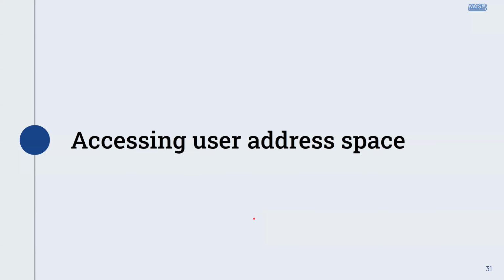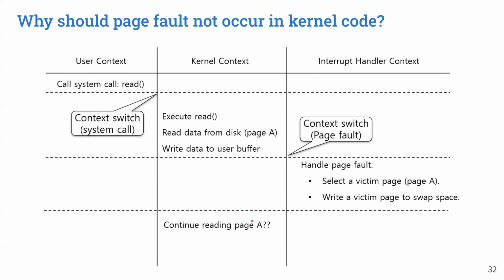And finally, I'll talk about accessing user address space. Think about this scenario. In the user context, the user calls the read system call to read important data into their buffer, and it makes a context switch to the kernel context, and the kernel executes the read system call and reads the data from the disk.